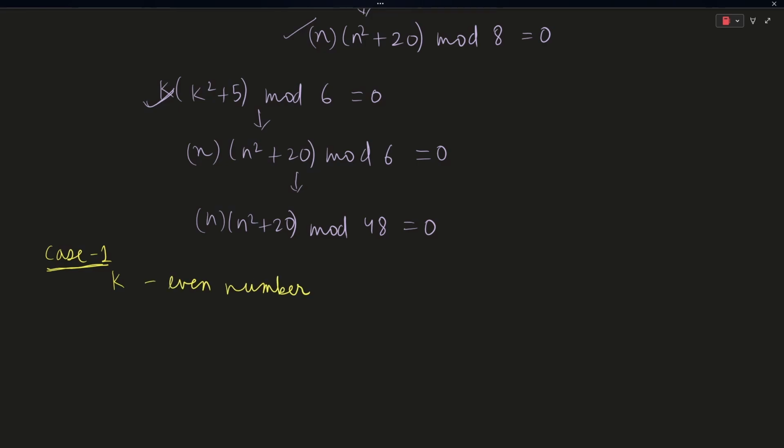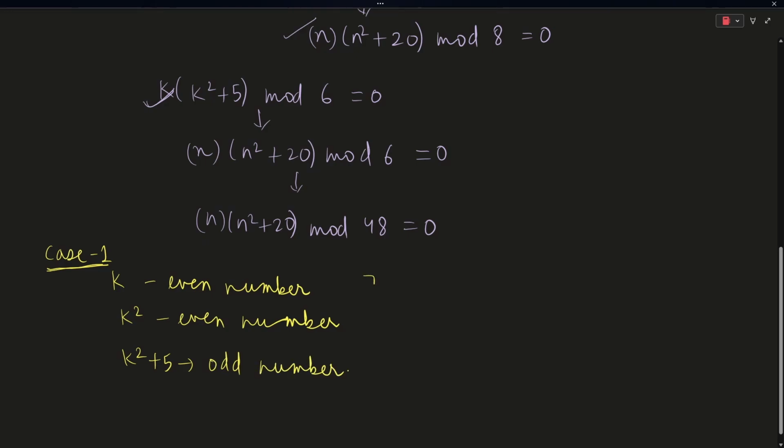When k is an even number, we can say that k square will also be an even number, and k square plus 5 will always be an odd number. But overall, k into k square plus 5 will be an even number.